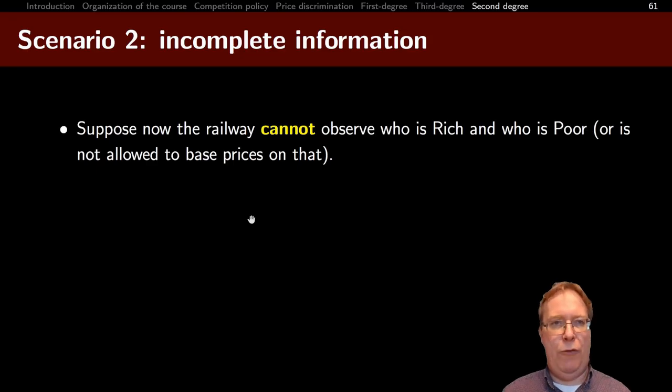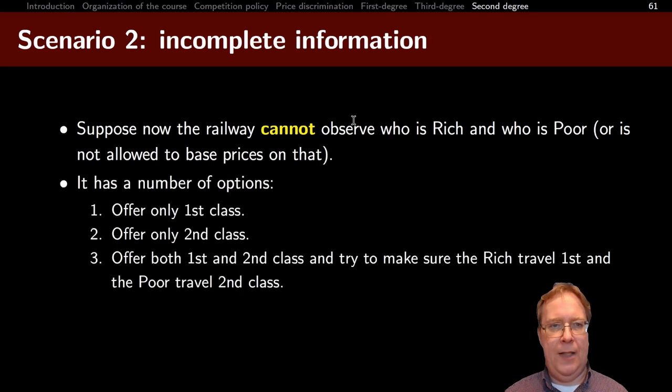Okay, let's go for the more interesting scenario. Suppose that the railroad cannot observe who is rich and who is poor, or it is simply not allowed to charge people different prices based on that information. Okay, now we have to be a bit more precise. So it has a number of options.